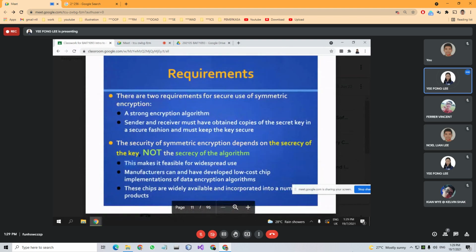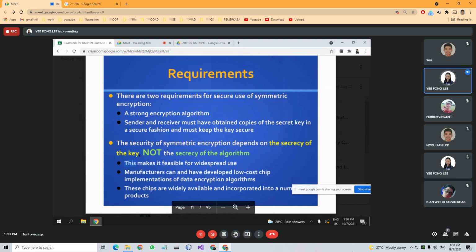Okay, requirements. What are the requirements for symmetric encryption? There are 2 here. They need a strong encryption algorithm. This algorithm, of course, cannot be known or identified.